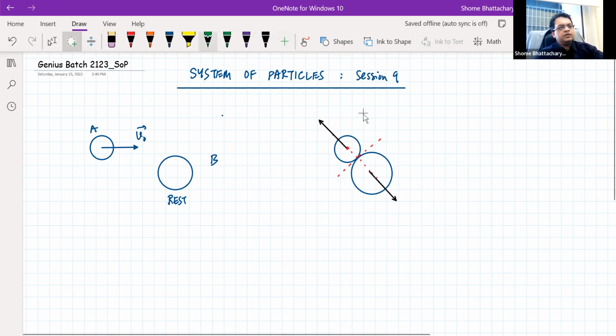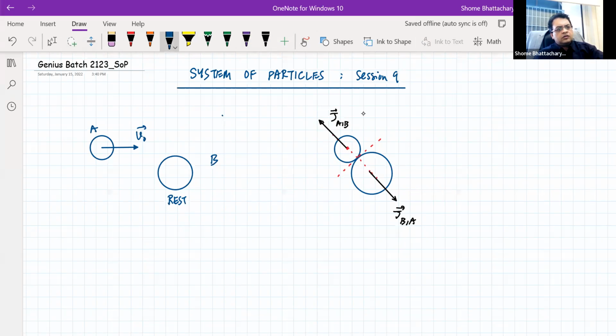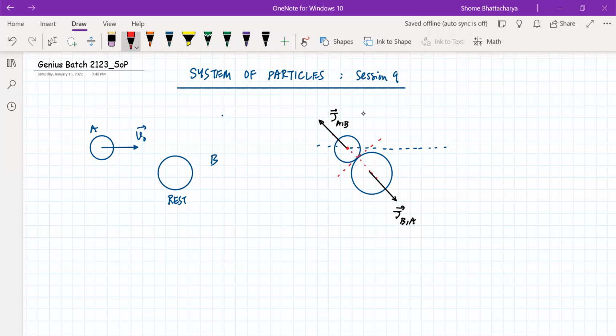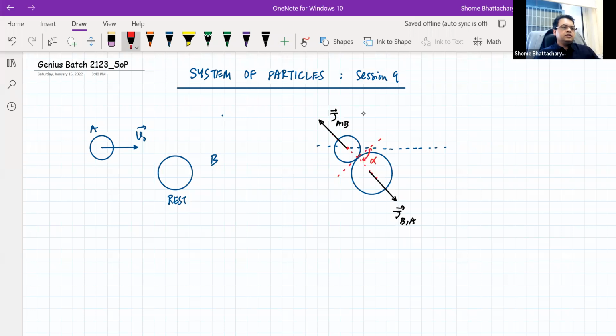So if this is the mutual collision impulse, this is the impulse on B because of A, and this is the impulse on A because of B. Suppose this line of action is at some angle to the direction of this one's initial velocity. This angle becomes an important aspect. If it is known to us because of some geometry, then one equation automatically comes from there.